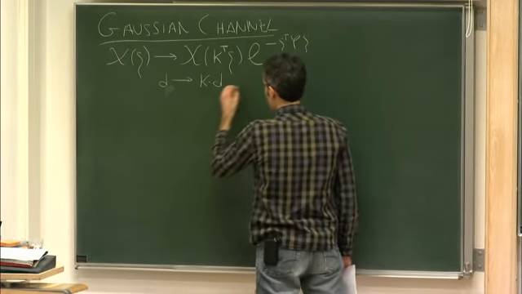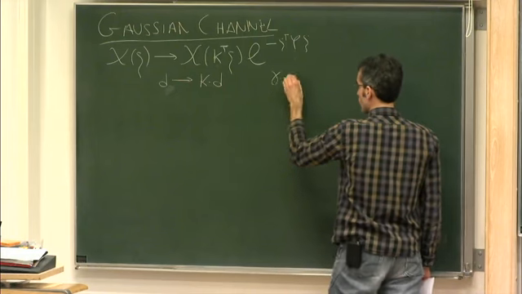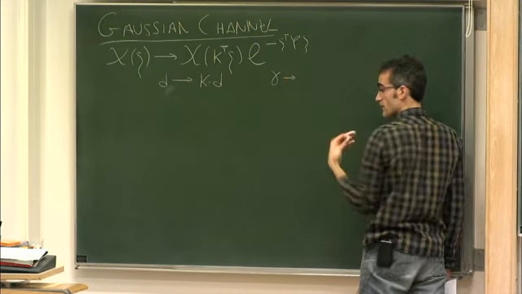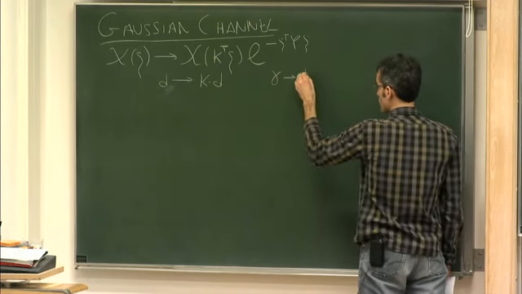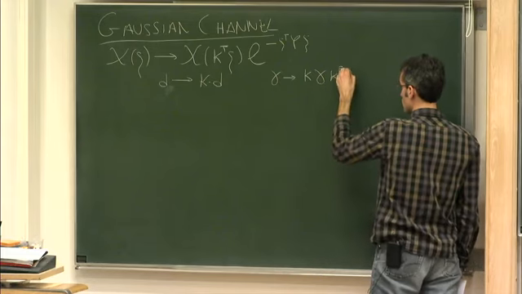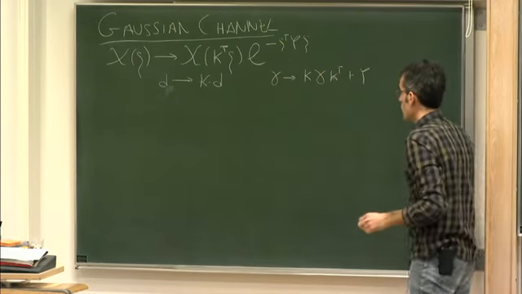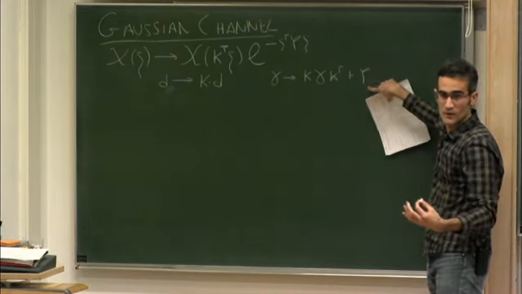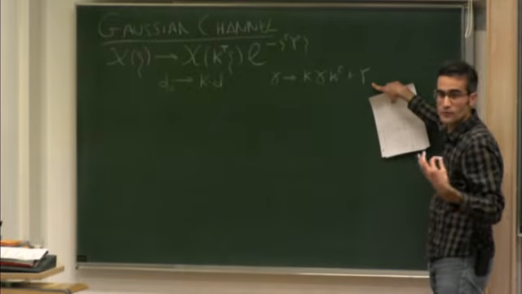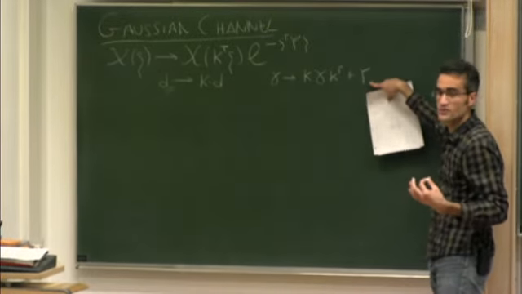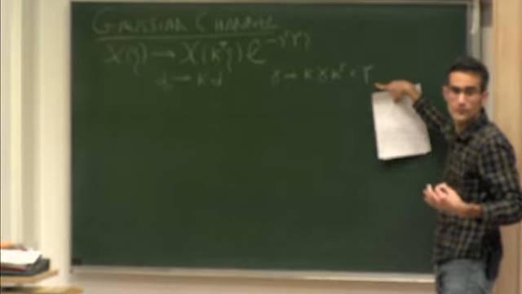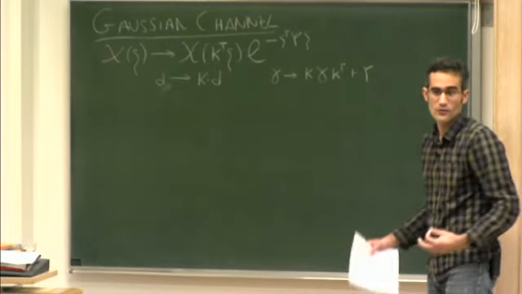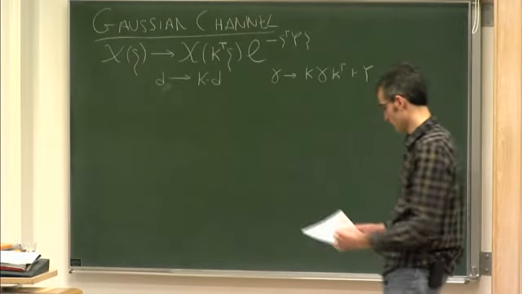And then how it affects the covariance matrix of the state, in second order moment, is this way. So basically, the Y matrix is some kind of added noise. In order to have your map to be positive, you will have some condition on this Y, some lower bound on this matrix that will tell you what is the minimum amount of noise you need to add in order for your map to be physical.